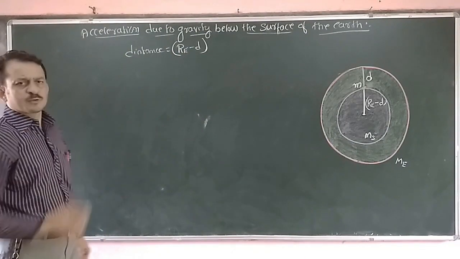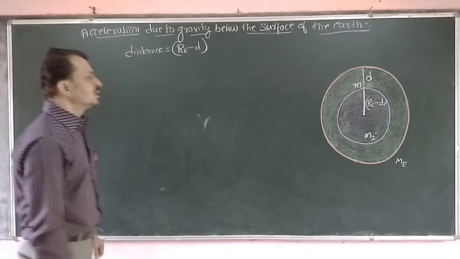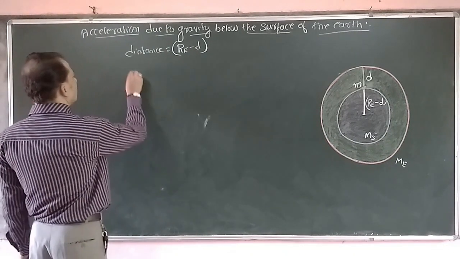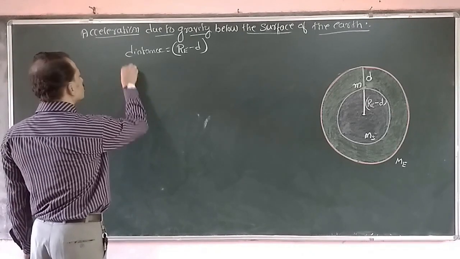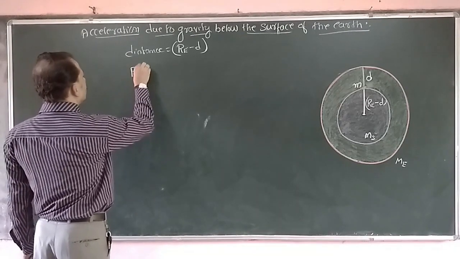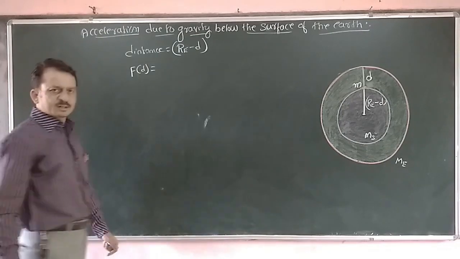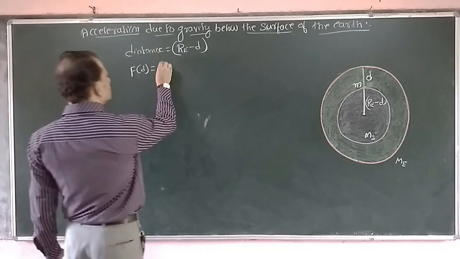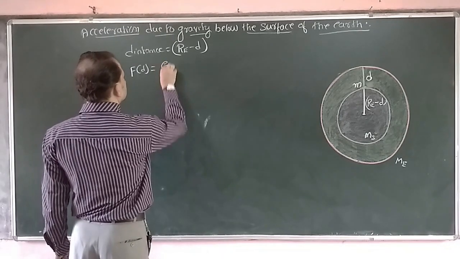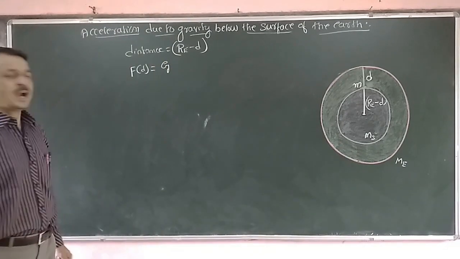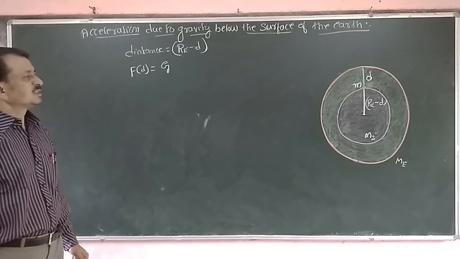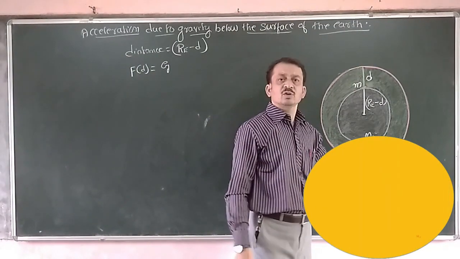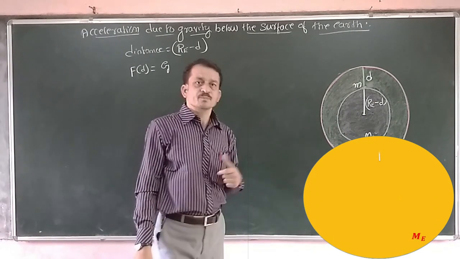Obviously, there is a gravitational force of attraction. Now that gravitational force of attraction is given by F of d. Now F of d is equal to capital G and mass. Now here, not the entire mass of the earth is going to contribute to the gravitational force.